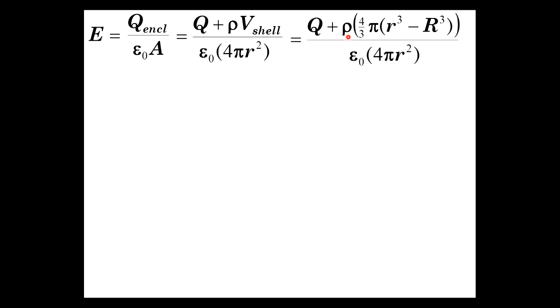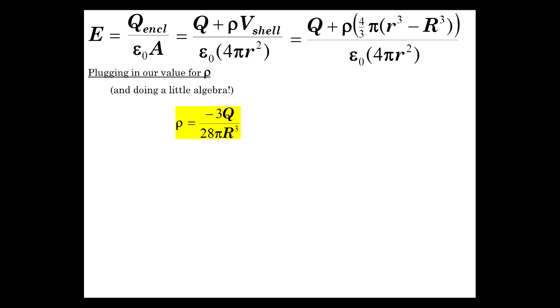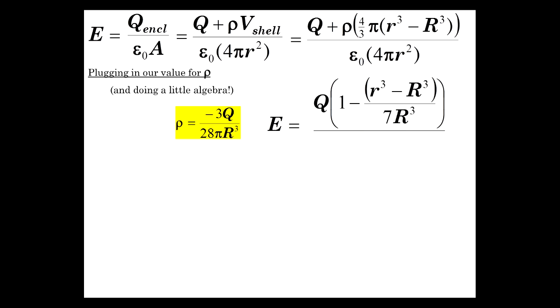Now we have to multiply this by rho. We already got rho. And plug that value in. That's not so cool because here is the value for the volume charge density. Well, when we do this, the algebra, I believe, comes out as follows.